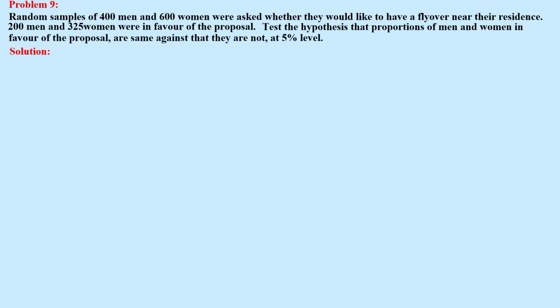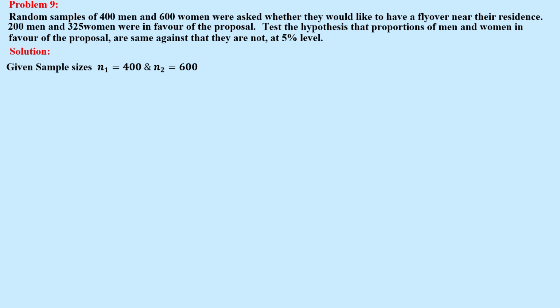Similarly, out of 600 women, 325 said okay, we need a flyover near our residence. So they are asking whether the proportions of men and women in favor of the proposal are the same against that they are not, at 5% level. So we'll see the given sample sizes.